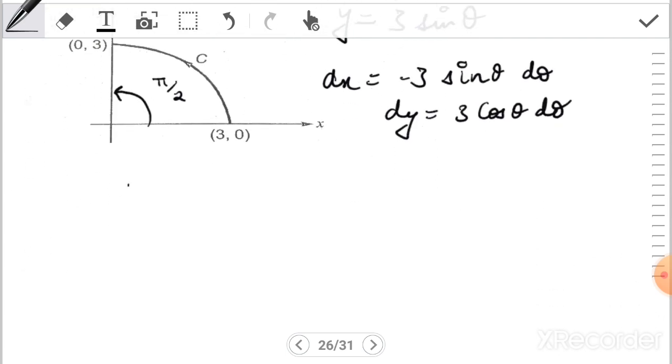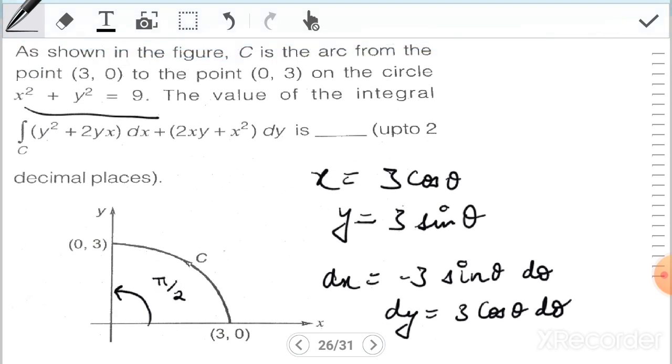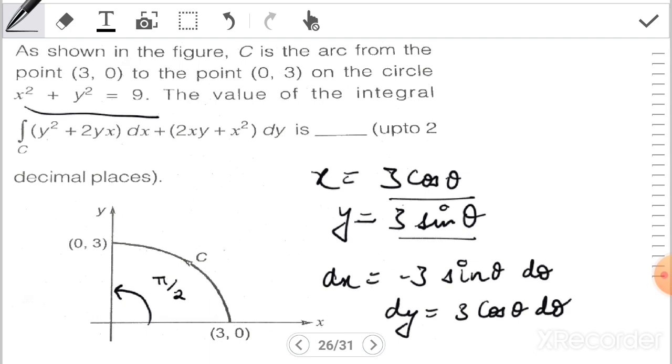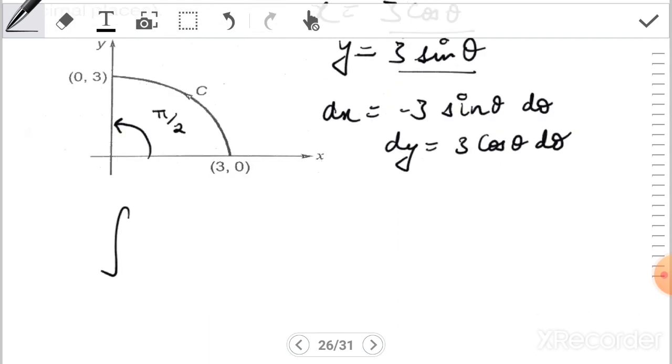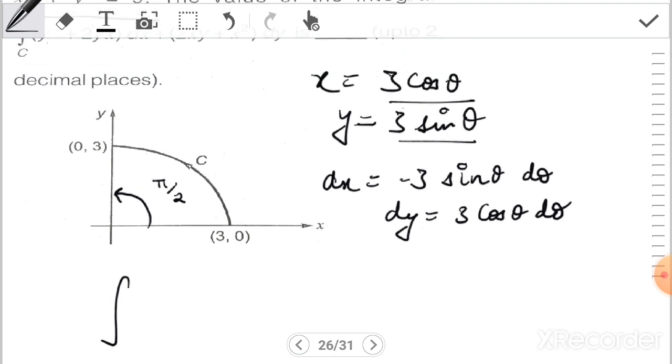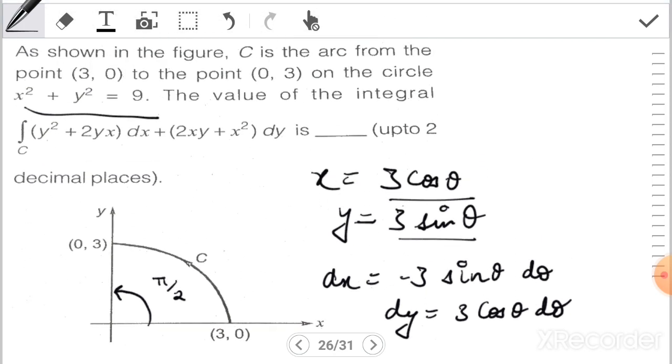So let us put the value of x and y, okay, as 3 cos theta and 3 sin theta respectively. So we will get y square plus 2xy, okay, dx plus 2xy plus x square dy, okay.